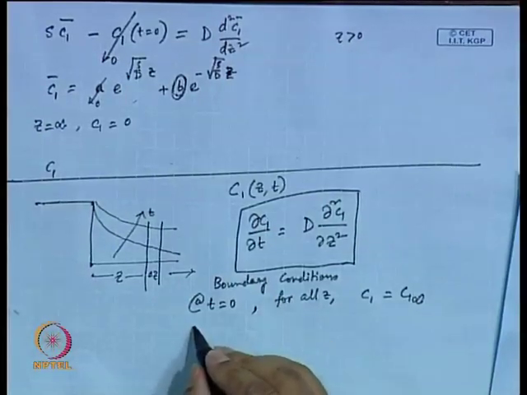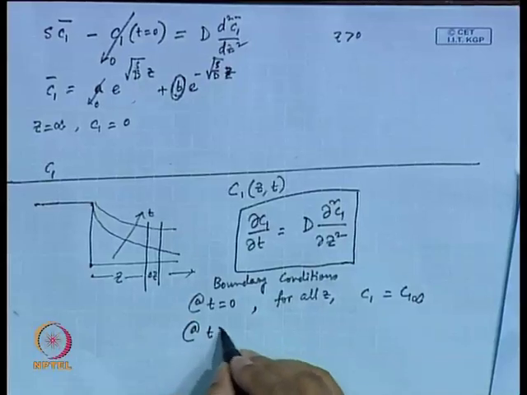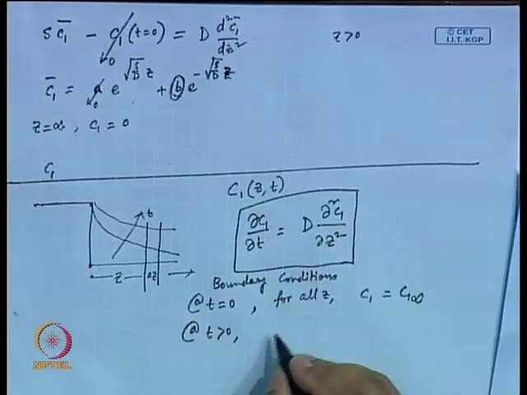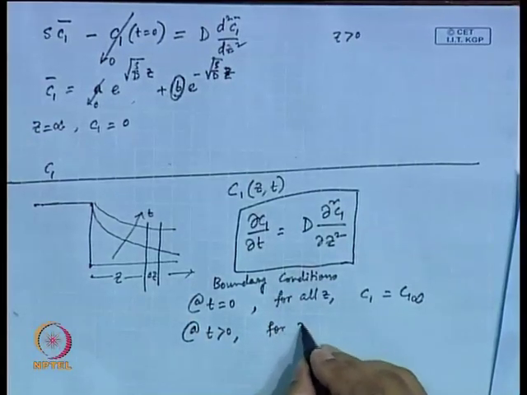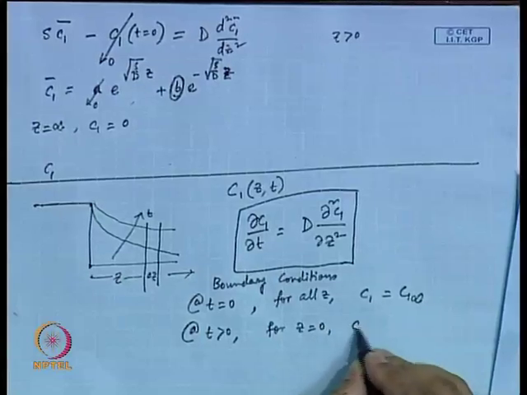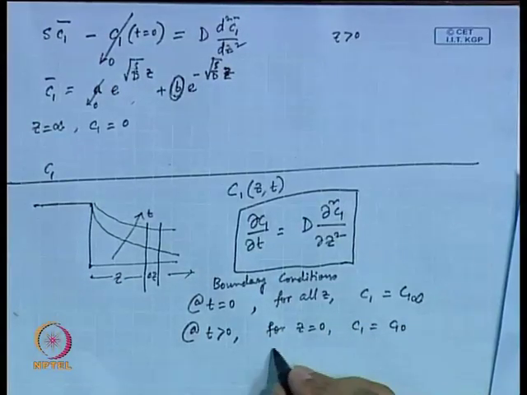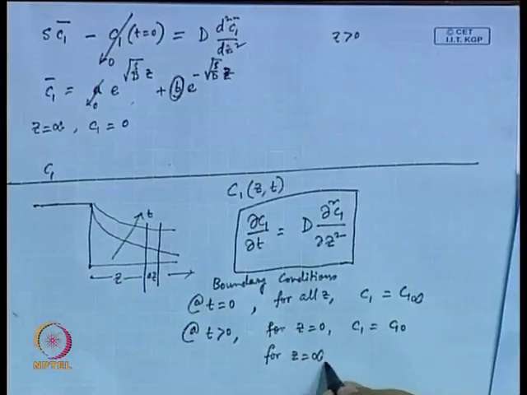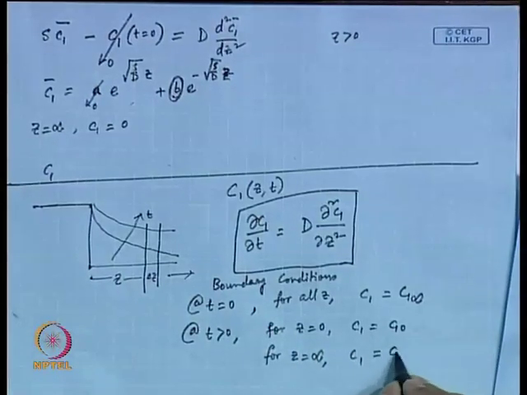And at t greater than 0, for z is equal to 0, C1 is equal to C1 0, and for z is equal to infinity, C1 is equal to C1 infinity.